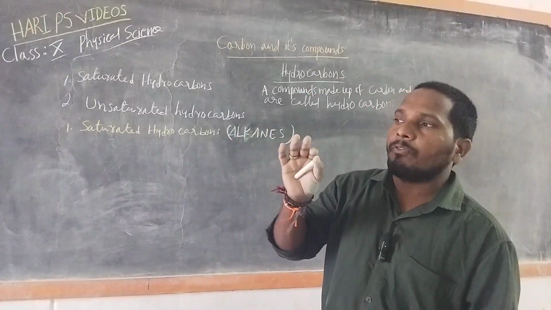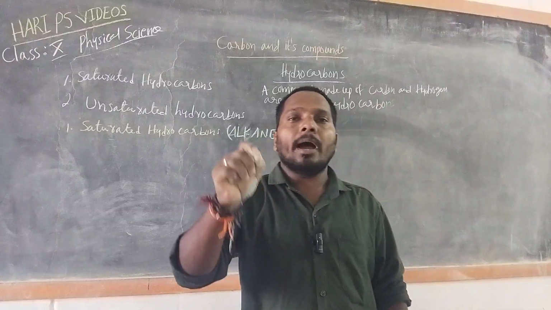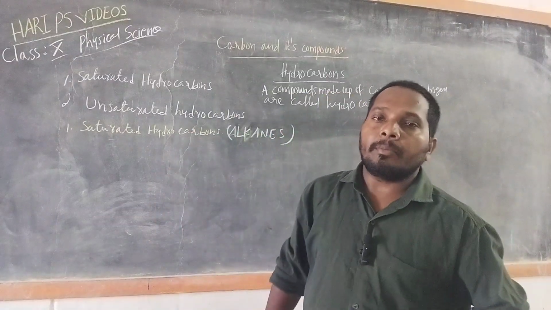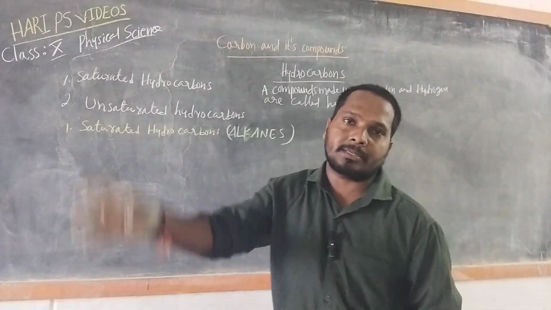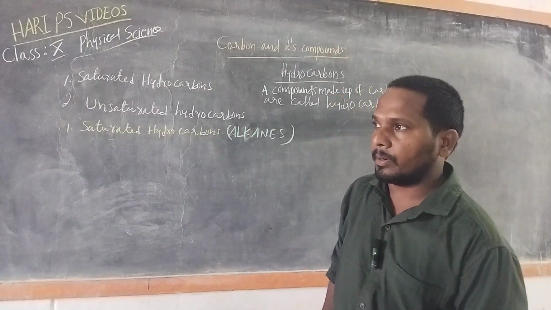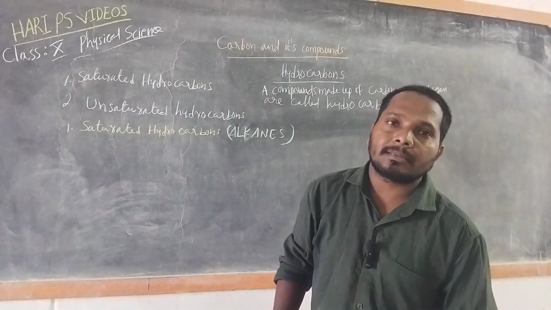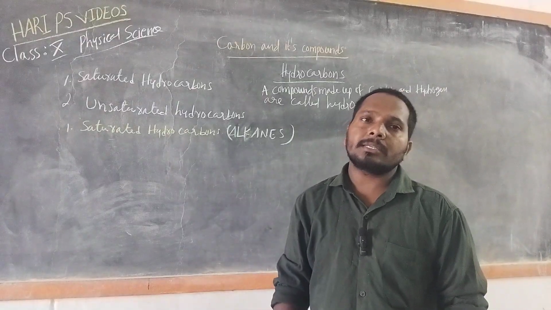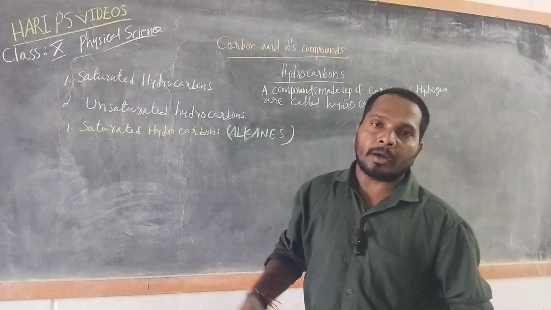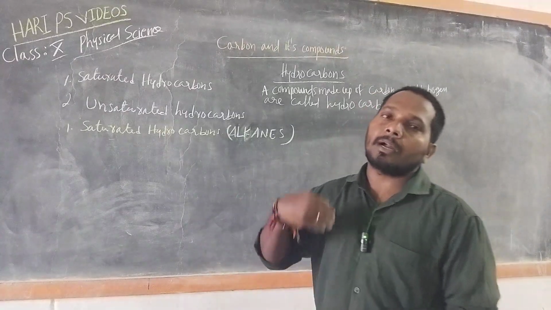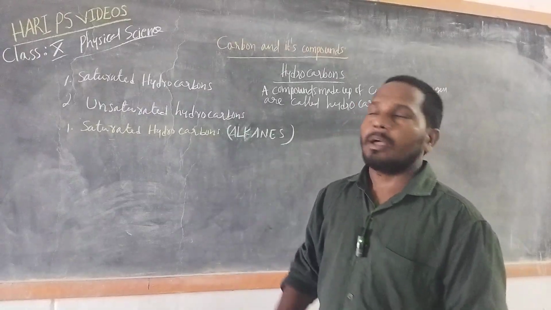The compound formed by carbon and hydrogen is called a hydrocarbon. If any compound has carbon, we can call it a carbon compound: calcium carbonate, sodium carbonate, bicarbonates, carbon dioxide are also carbon compounds.